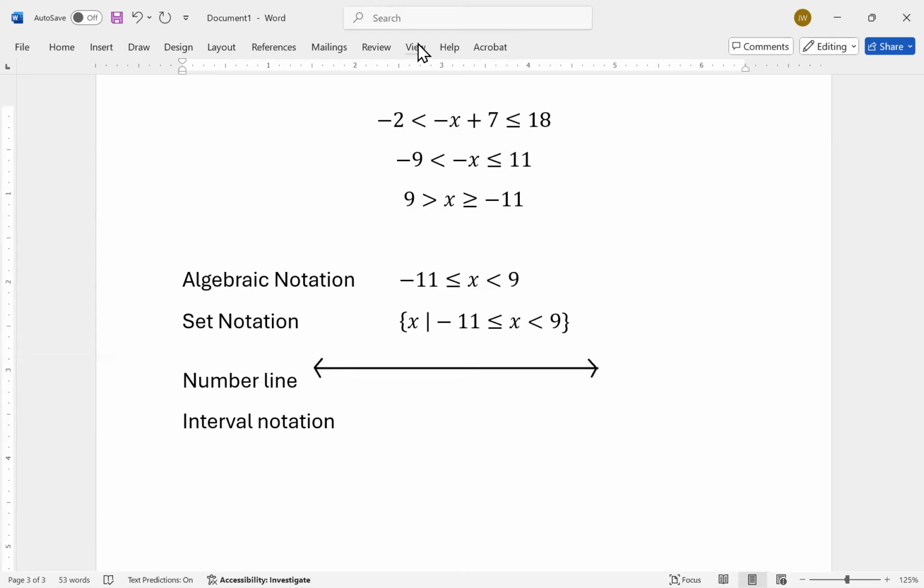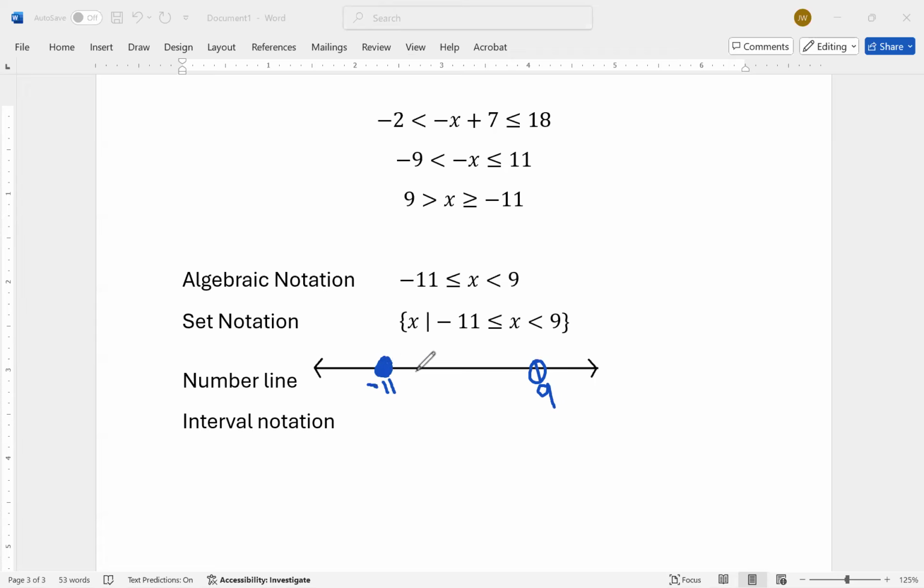My number line will have negative 11 on one side, positive 9 on the other. 9 cannot be touched because it doesn't have an equal sign. 11 can be touched, so we fill in the circle for 11, but we do not fill in the circle for 9. Excuse me, negative 11.